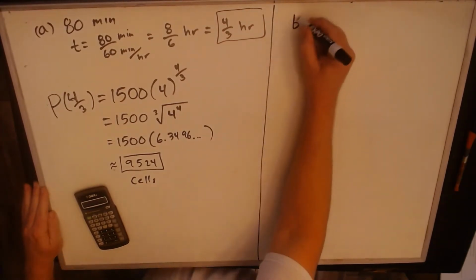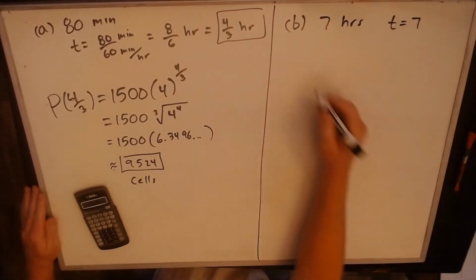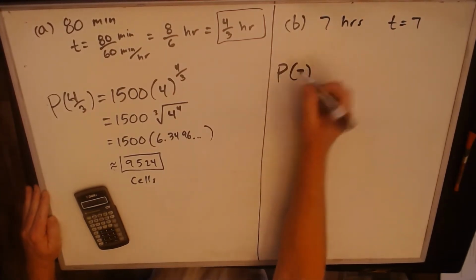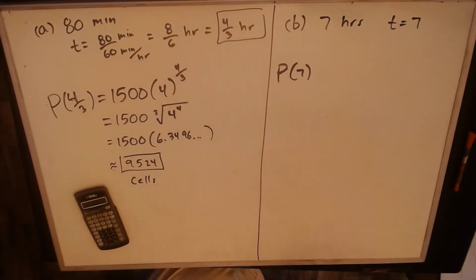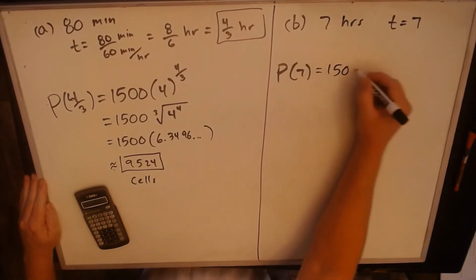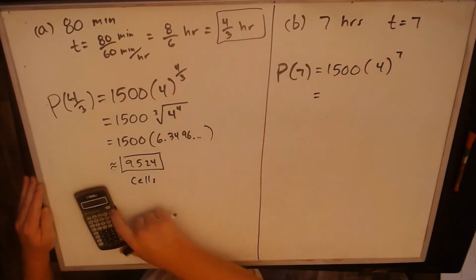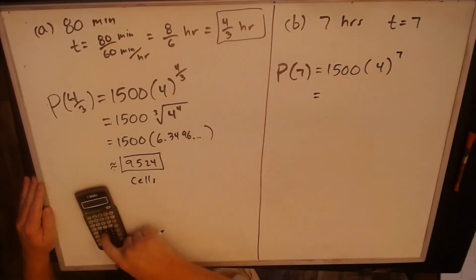For part B, 7 hours. Obviously, it's already in hours, so we can just do P of 7. We don't have to do this conversion here. So we have 1,500 cells times 4 to the 7th power. That's going to be a lot of cells.